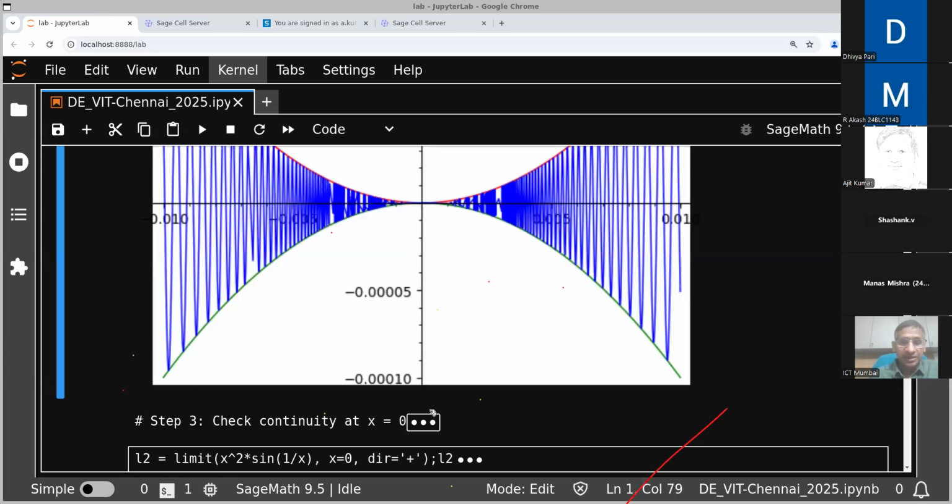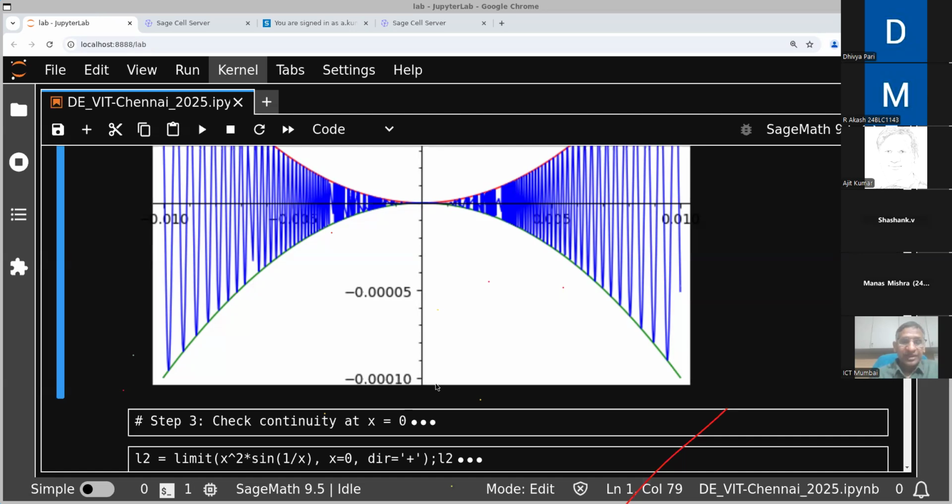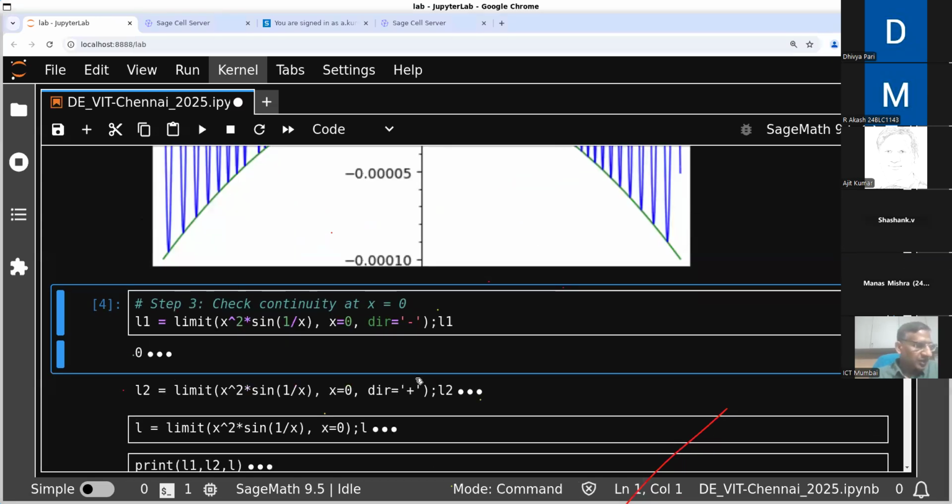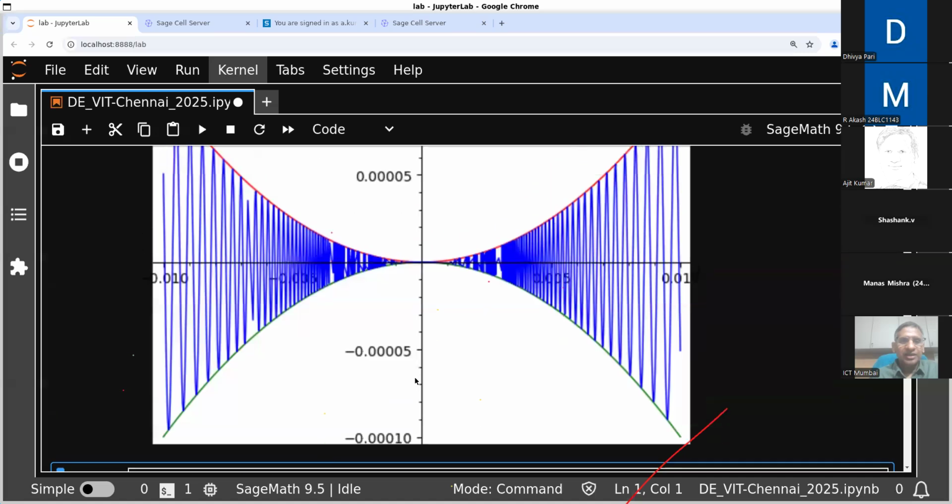Is the derivative continuous? All these things you can find out very easily. Sir, it is a parabolic function, so it will be differentiable. No, I'm talking about all the points. I'm talking about the blue one, not the red ones, which are x square and minus x square.